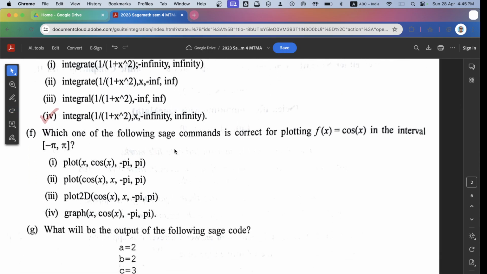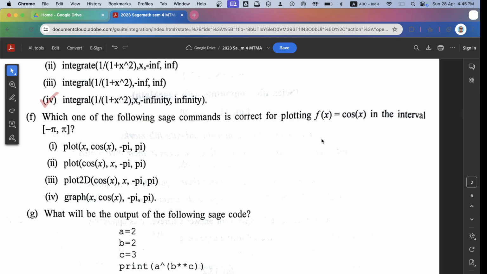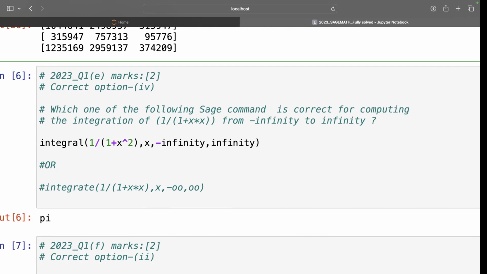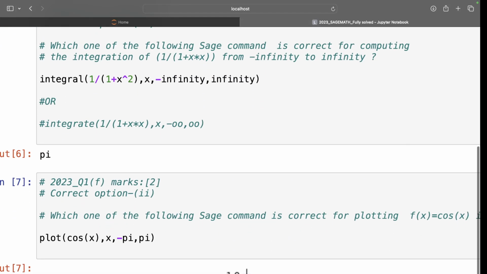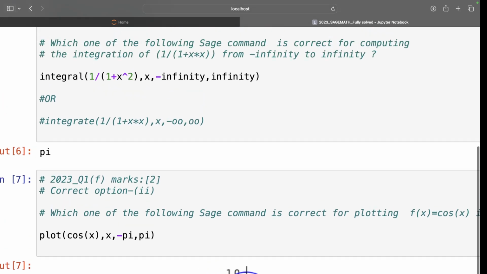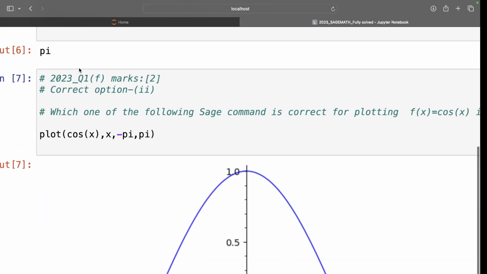Question F. Which one of the following Sage commands is correct for plotting f(x) equal to cos x in the interval minus pi to pi? This is question 1F.